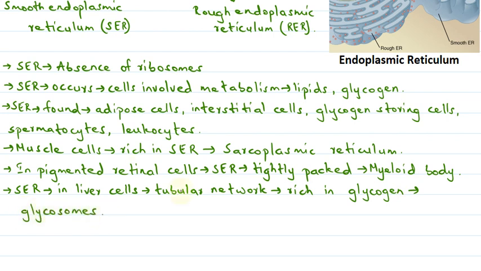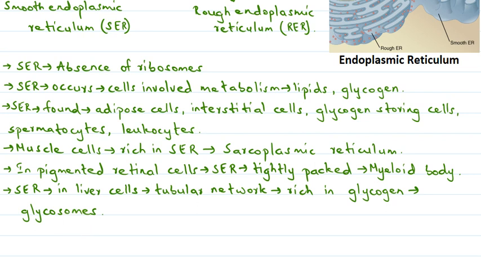So this SER has different morphology in different cells. For example, in liver cells it has a tubular network, rich in glycogen, and is known as the glycosomes. So here it has fewer cisternae than the tubules and vesicles.